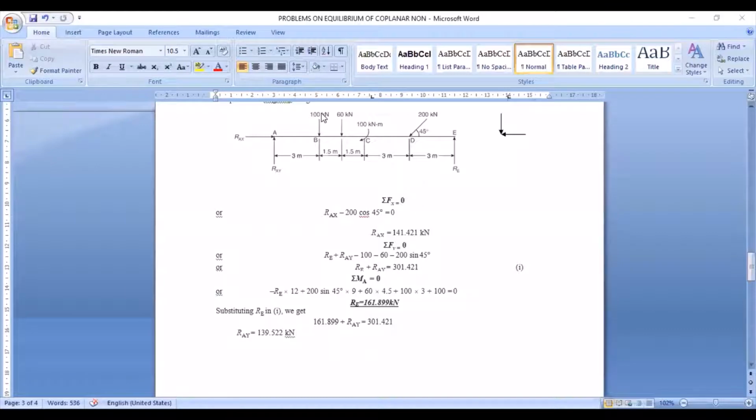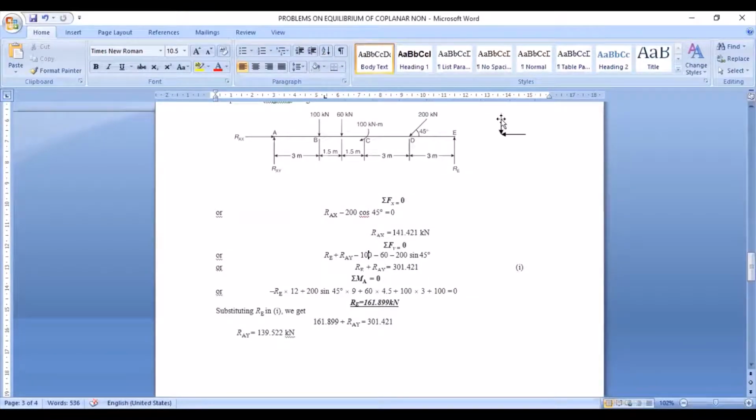Next we have the 100 kilonewton force which is acting downwards, therefore it is taken with the negative sign. So it is minus 100. Next we have another vertical force acting downwards, that is 60 kilonewton. So again that is taken with the negative sign.